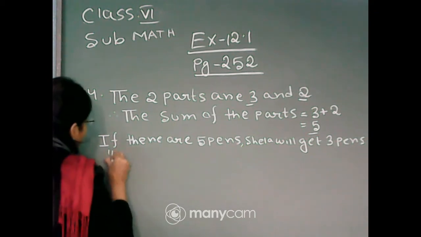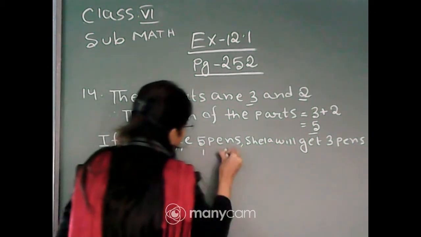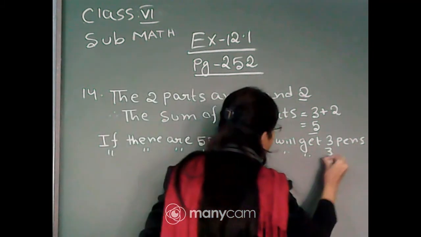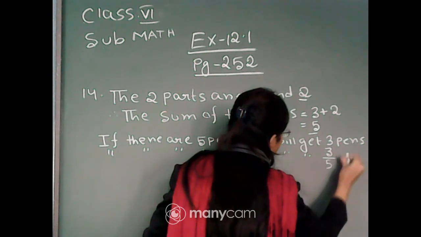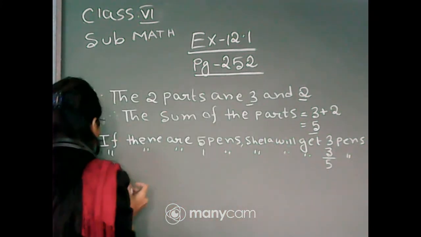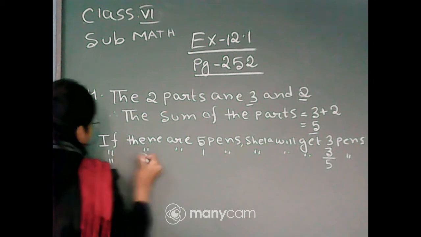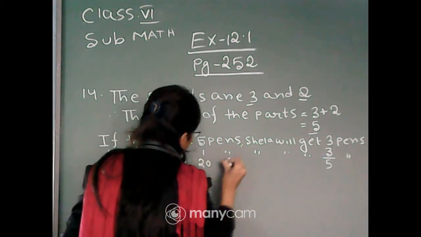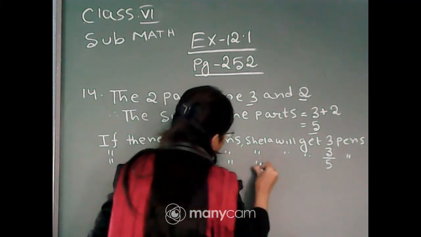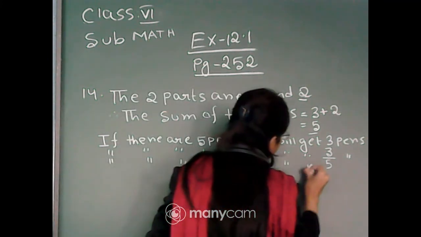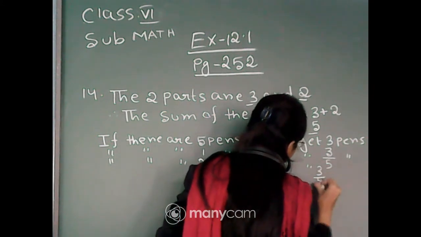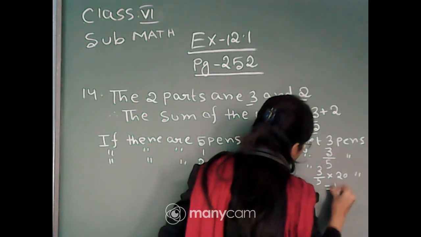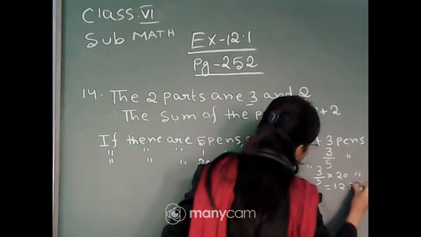So, if there is 1 pence, then Sila will get 3 divided by 5 pence. We use the unitary method. And if there are 20 pence, then Sila will get 3 divided by 5 into 20 pence, that is 12 pence.